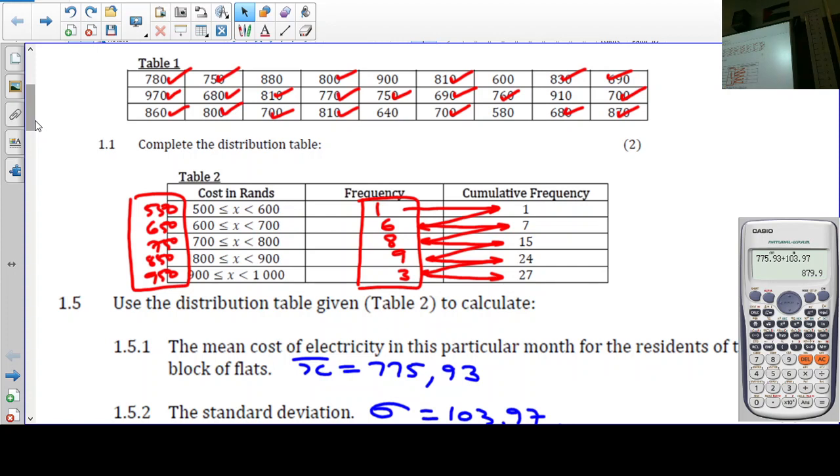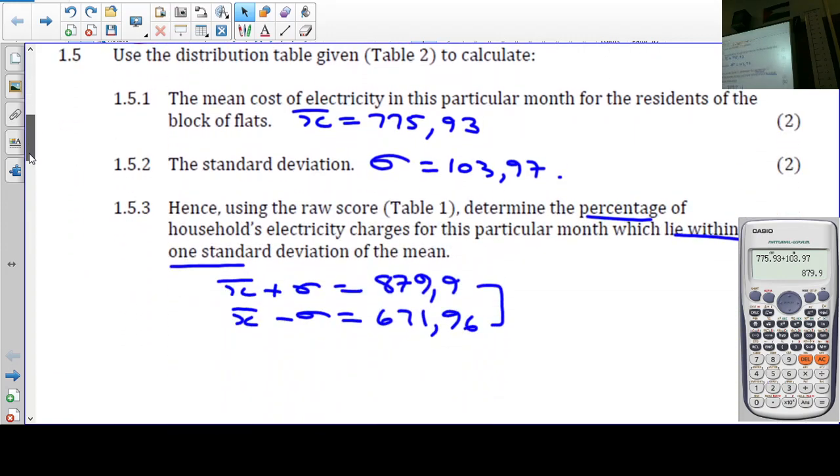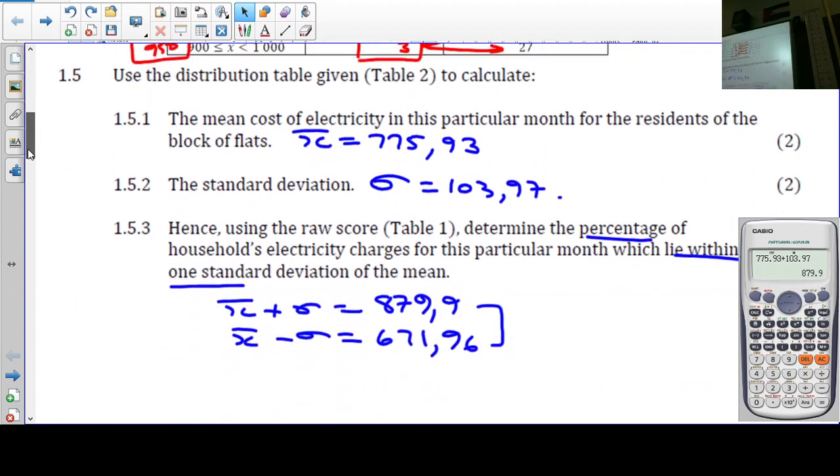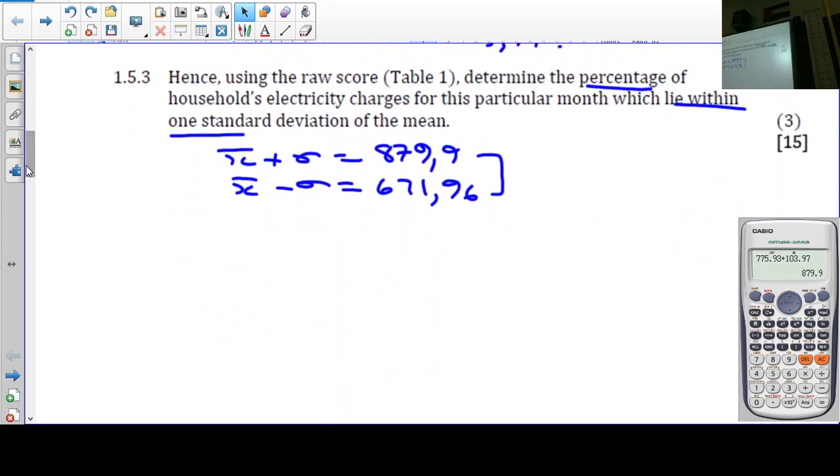Okay, I've ticked one too many, because according to what I ticked earlier on, I got 20. Just count again. I got 20. So one of these values, I think it's 970, shouldn't be ticked. Let me just check here. Yeah, 970 shouldn't be ticked. That one mustn't come in there. So it gives you 20 values. Sorry about that.